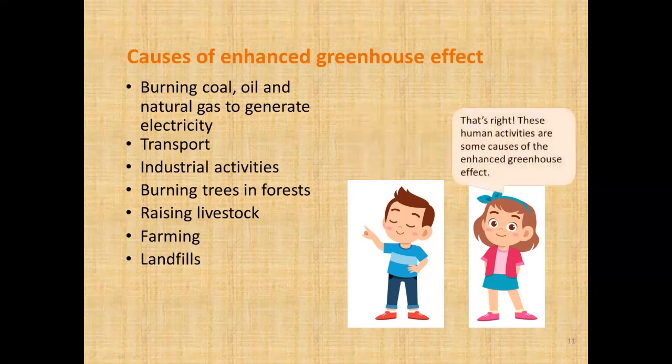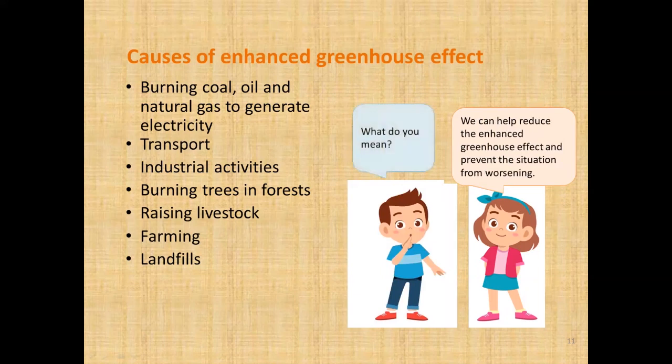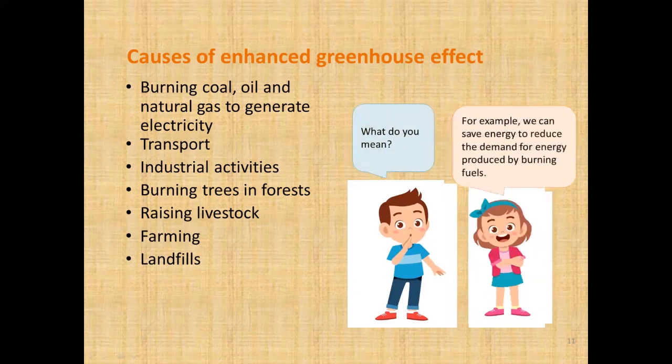So now we know all these activities will cause the enhanced greenhouse effect. So if we want to help reduce it, then we need to start trying to stop these activities.